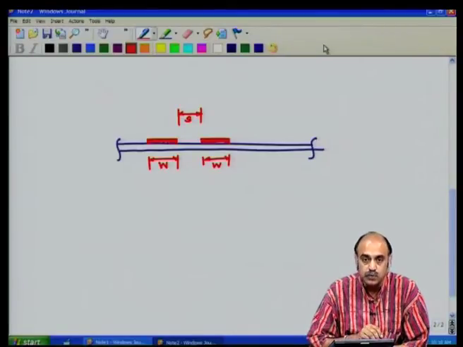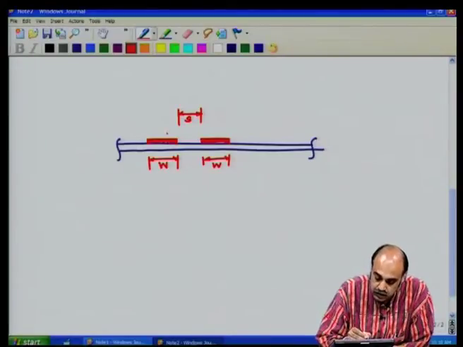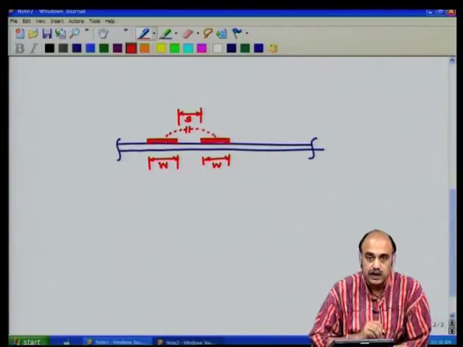Of course, here also you can estimate the capacitance which occurs between these two tracks.